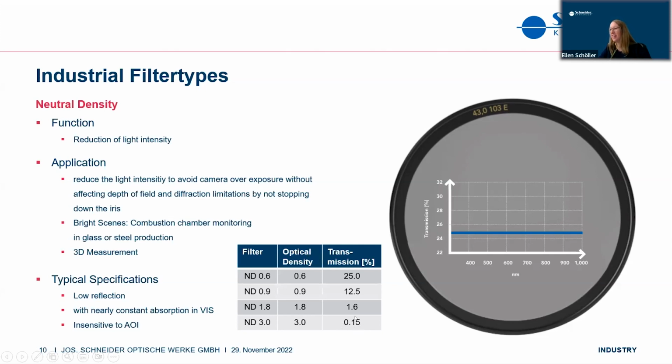So that is really blocking the light and reducing the amount of light. One main specification for these filters is that they do not change the color. So all wavelengths are reduced by the same amount, so the transmission curve is very constant.